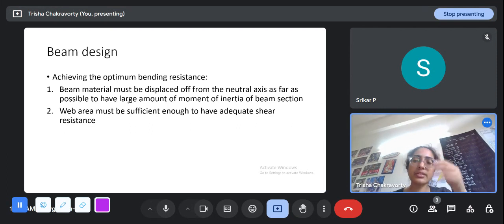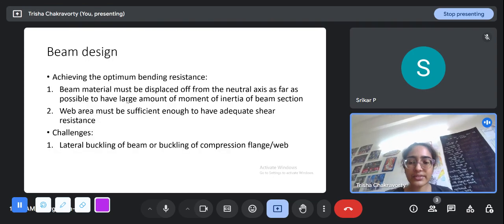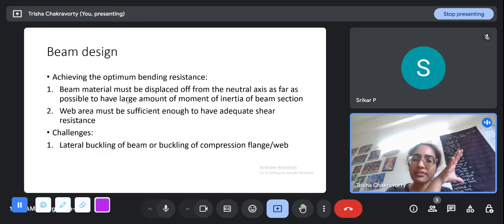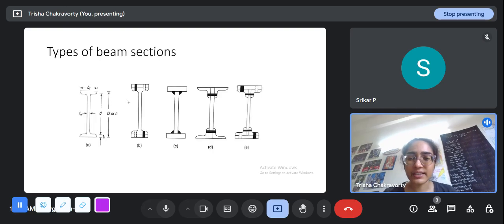So the web area or thickness must be sufficient to have adequate shear resistance. There are some challenges like lateral buckling of the beam, or buckling of the compression flange or web locally. Lateral buckling of the beam is as a whole, and the buckling of the compression flange or web under point loads is the local case. Increasing depth increases flexural resistance but reduces resistance to lateral or web buckling.